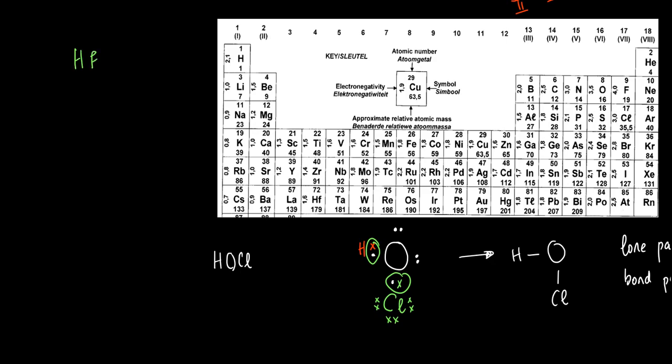Obviously, HF will be H with one electron, and then F is going to have 7 electrons. So now, how many lone pairs do we have?